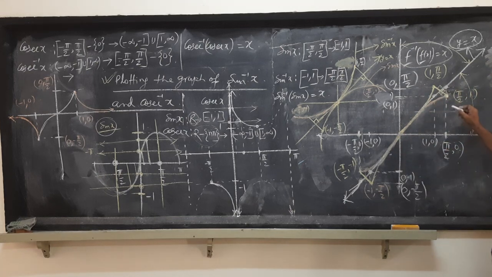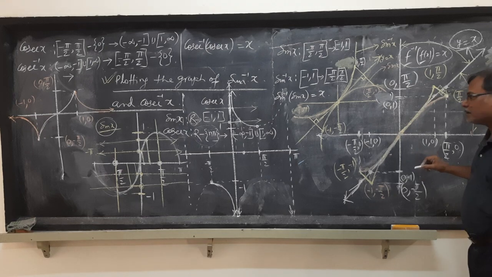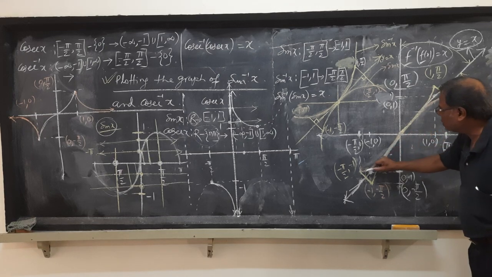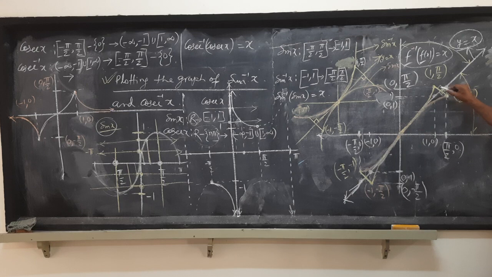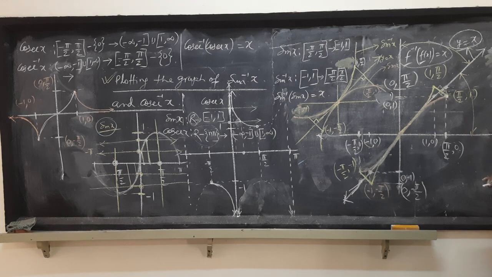So as you see this pink color graph is for the sin x, and the yellow one you can see is the sin inverse x. I will explain you what is the connection between these two. On this y is equal to x straight line, I have taken 2 points, one on the sin x and one on the sin inverse x.